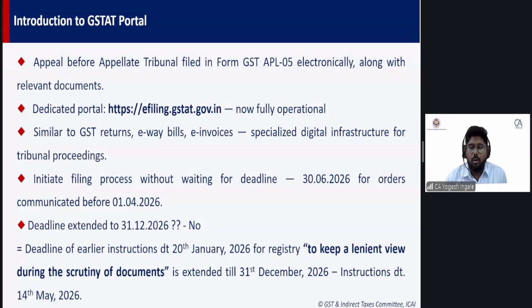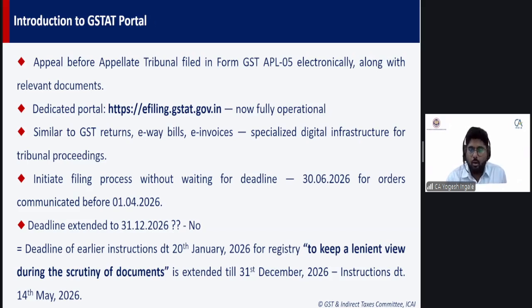As we all know, we have to file appeals in form GST APL-05 electronically, along with all the relevant documents, evidences, and affidavits, electronically only. So there is no concept of a paper book. Similar to CESTAT, where we used to file a paper book after filing the appeal, now all the documents we have to file electronically.